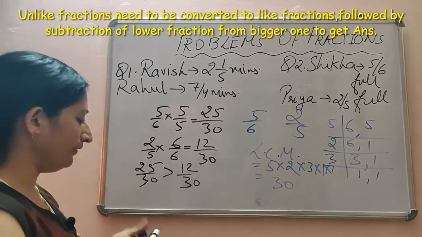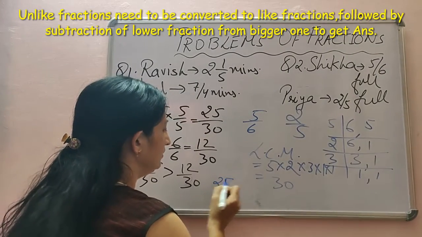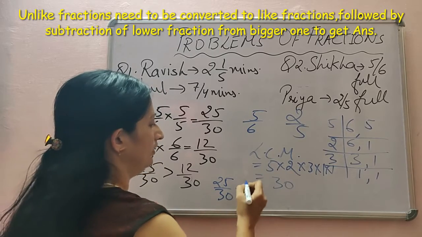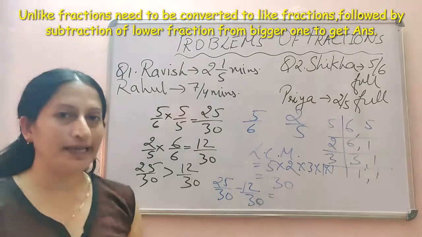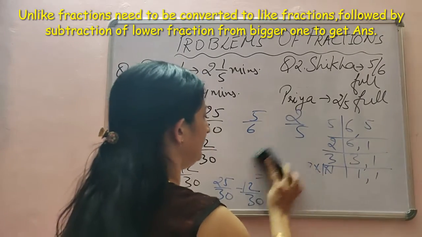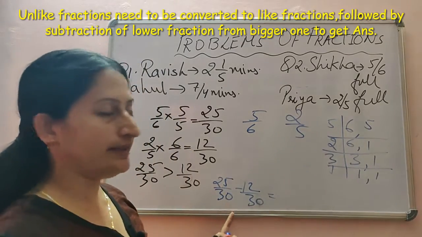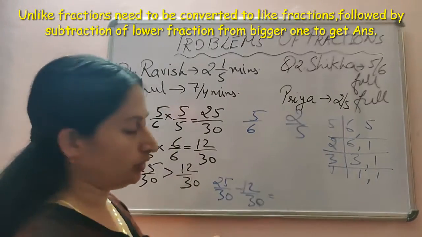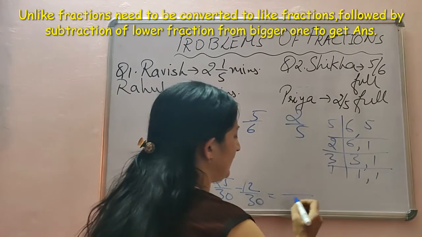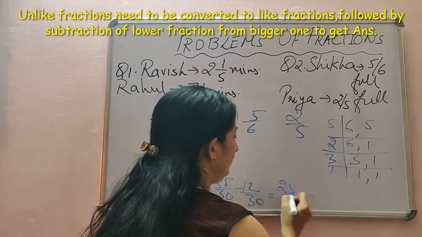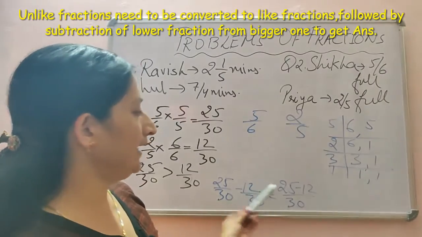Naturally we will have to do 25 by 30 minus 12 by 30. Let's write this and understand it. 25 by 30 minus 12 by 30, these two. So we will do 25 minus 12, and the denominator is the same. What will you get out of this?